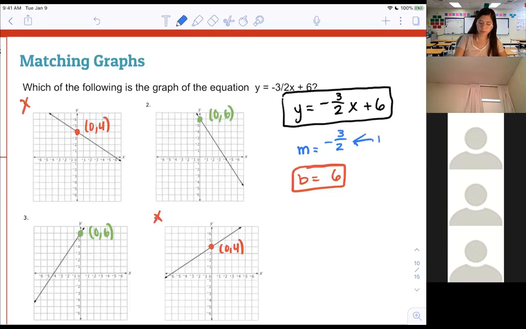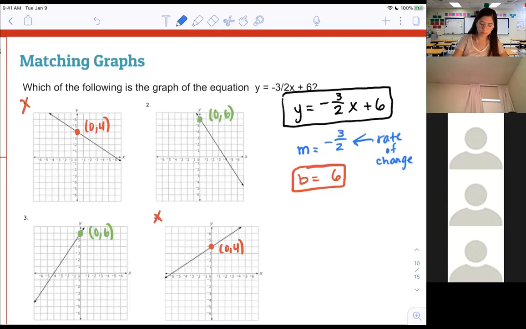Another word for slope is rate of change. So slope doesn't tell us a point on the graph, it tells us the rate of change.